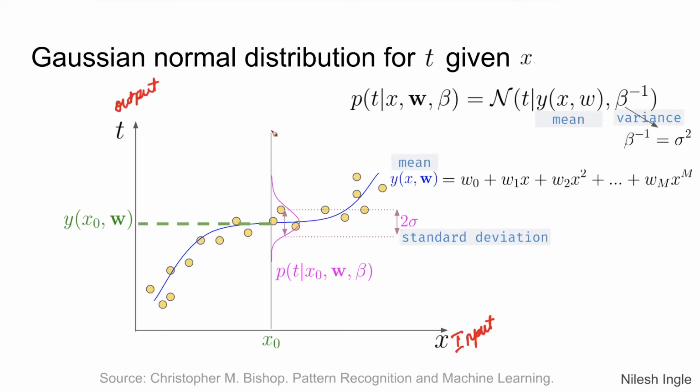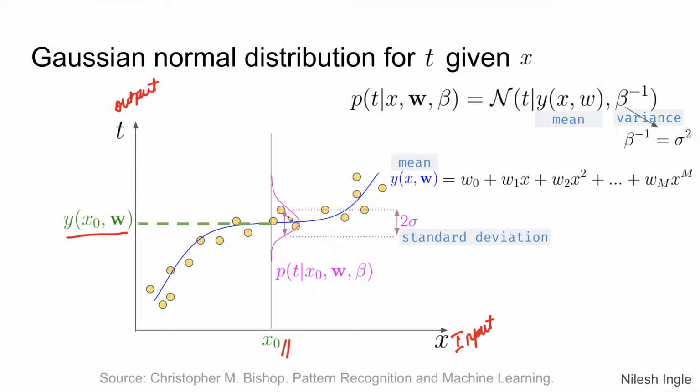So for example, as shown here, given the value of x0, we are trying to predict the output t, which is based on x0 and the parameters w. In this curve, we are predicting or outputting this entire distribution for one particular value of x0.